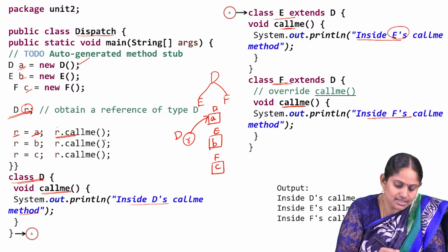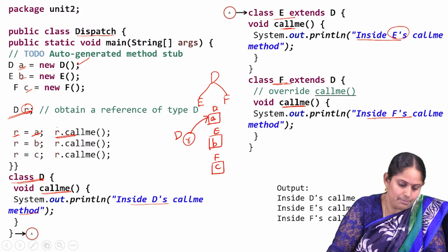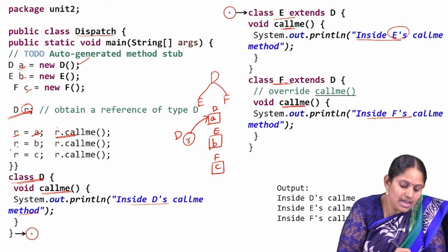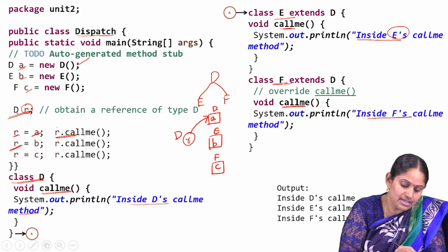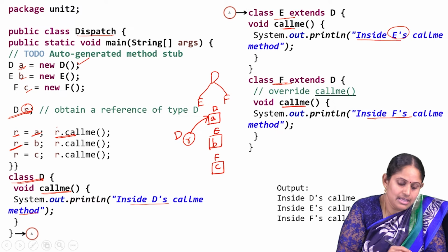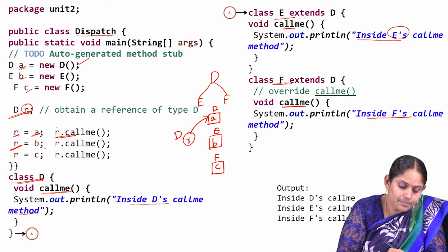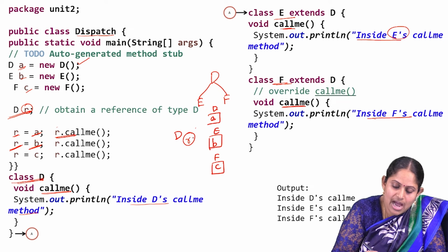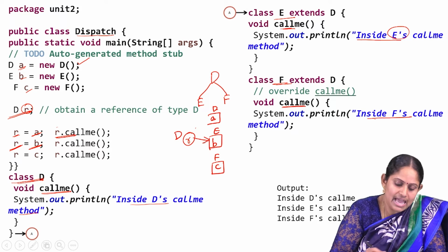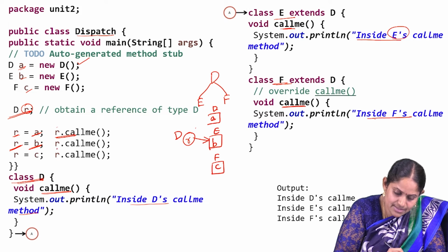Now in the second and third case, let's see what will happen. Now what is R? R is the reference of class D, and using that R, we are pointing it to B. And again we are calling R.callme.